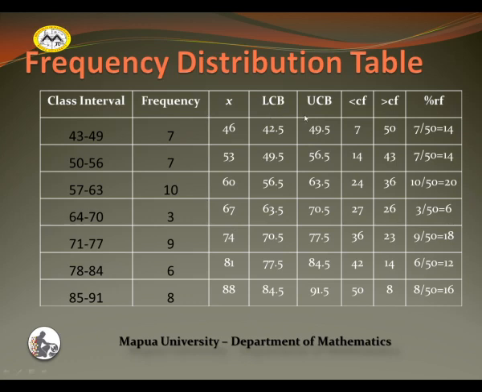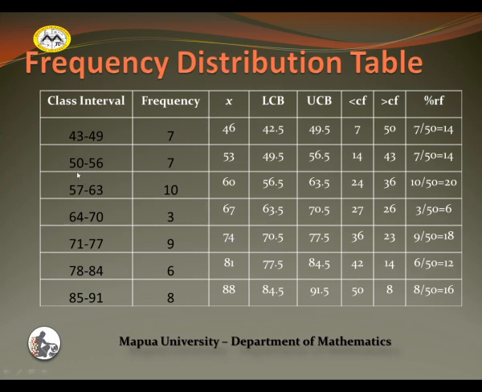The class boundary refers to the exact limit of the class interval. For the lower class boundary, just subtract 0.5 from the lower limit, and for the upper class boundary, just add 0.5 to the upper limit. So 43 minus 0.5 is 42.5, and for 49, add 0.5, that is 49.5.